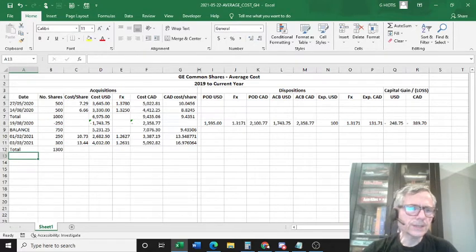As you can see, after my first disposition in 2020, which I would have declared on my 2020 tax return, I was left with 750 shares remaining. I reacquired 550, therefore I now have 1,300.